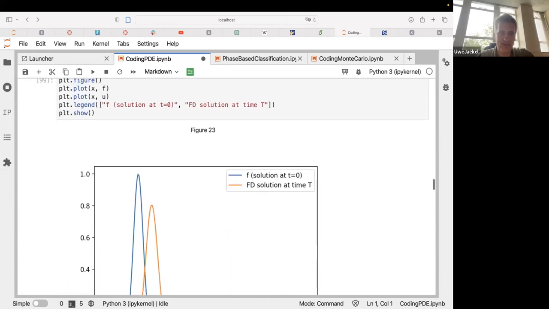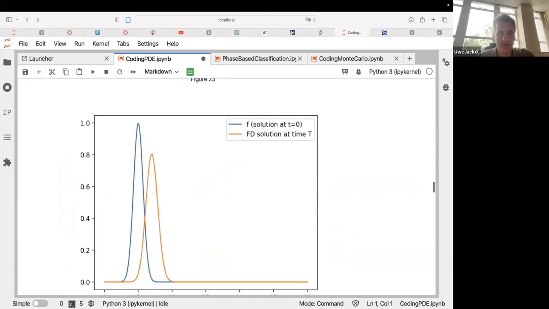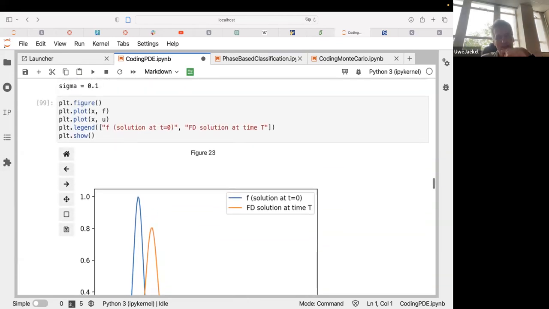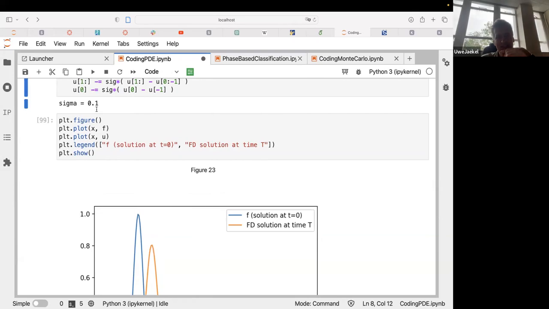So if sigma is less than 1, we get this effect that we have numerical diffusion.